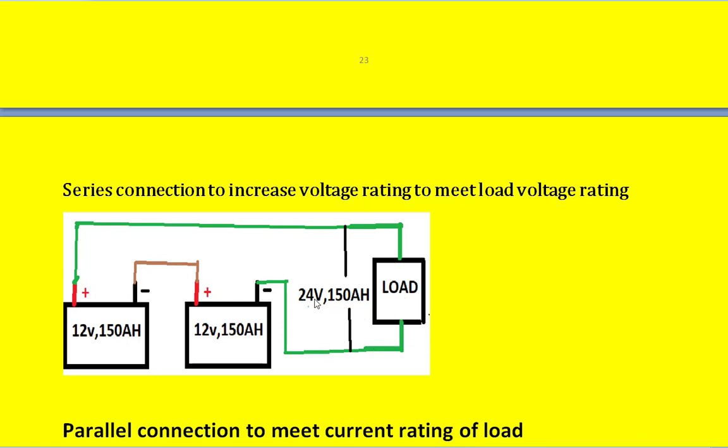So then what is the resultant voltage output? That will be 24 volts, 12 volts plus 12 volts. And what about the ampere hour rating? The ampere hour rating does not change because they are connected in series, and their cable size is the same. So we have to say the load ampere hour capacity or current capacity will be the same as that of the individual battery capacity.